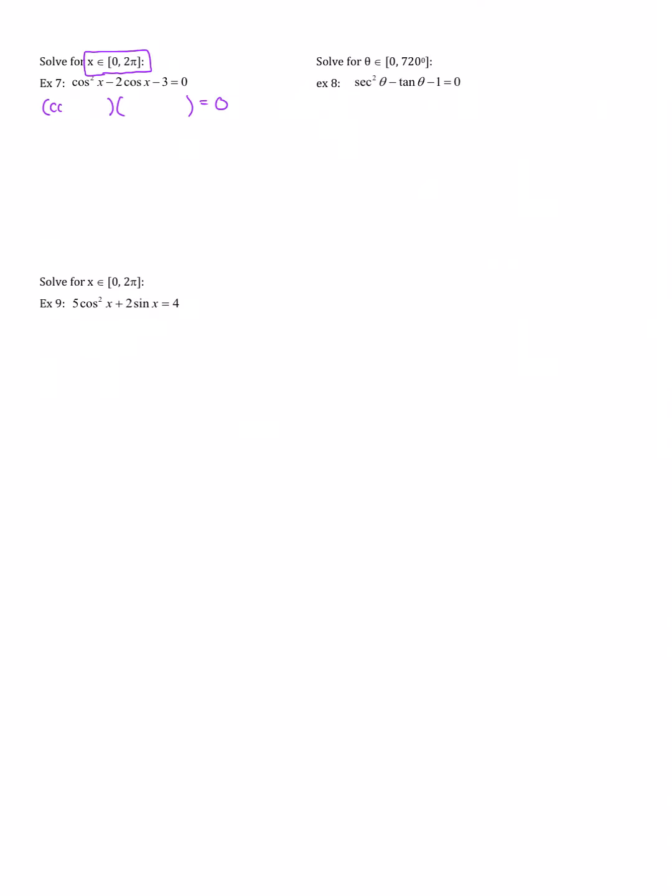So this is going to give me cosine x here, cosine x here. What times what is a negative 3 but adds up to a negative 2 would be minus 3 plus 1. So we're going to set each factor equal to 0. I was going to take a little shortcut there, but I won't do it. I will hold back.